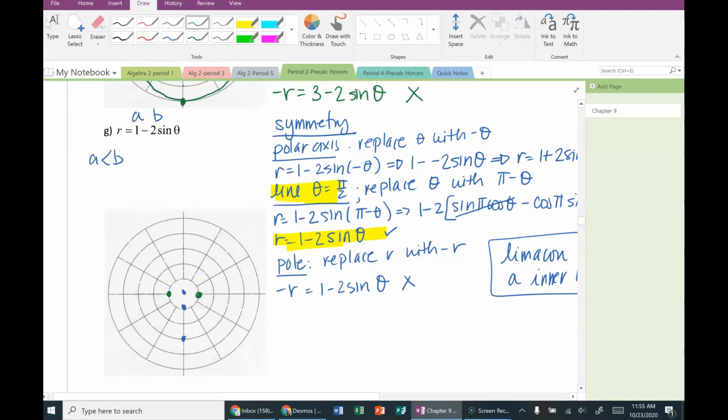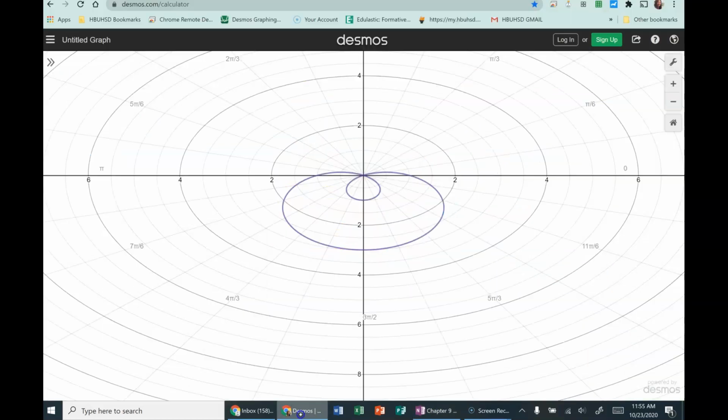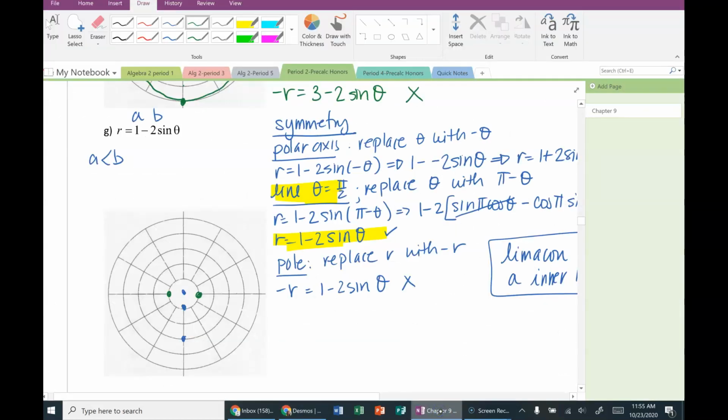Let's double check one more time because I think I'm a little bit off. Pi is 1 again, 0 is 1, and then 3 pi over 2 is 3. Okay, so how does it touch the center twice?